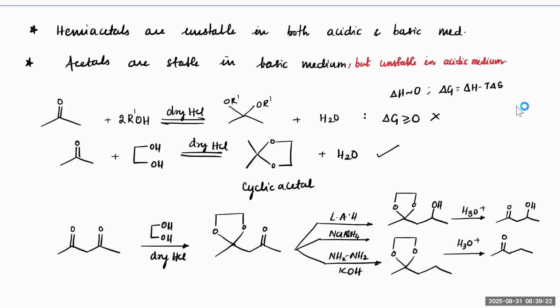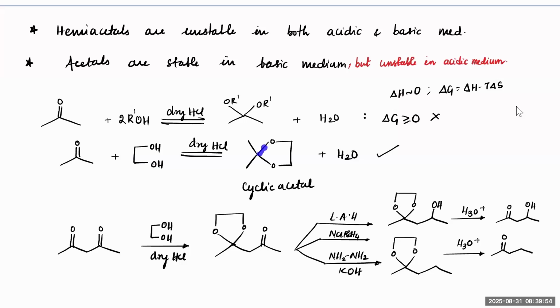Okay. And you will notice that ketones usually do not give acetals that easily. But we can change that by, instead of taking 2 moles of alcohols, we can take just 1 mole of glycol. Okay. So this way it helps in two ways. One, the entropy factor is taken care of, because now the reactants and products will have the same number of moles.